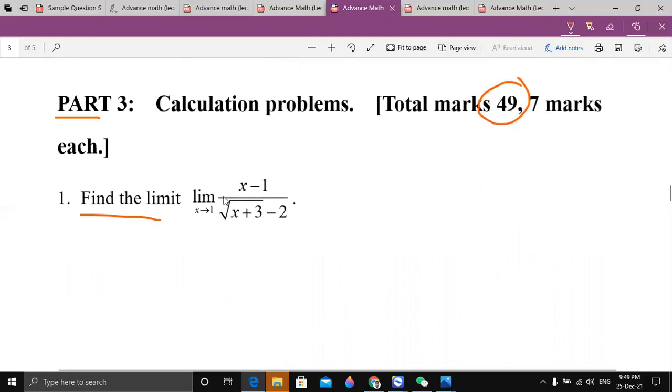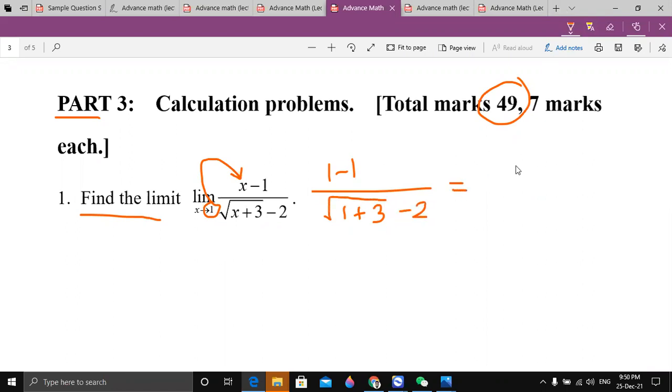So find the limit, x tends to 1, of (x minus 1) by (root over x plus 3 minus 2). So let's see if we can directly plug in the value or not. If I write here 1, so 1 minus 1 divided by root over 1 plus 3 minus 2.